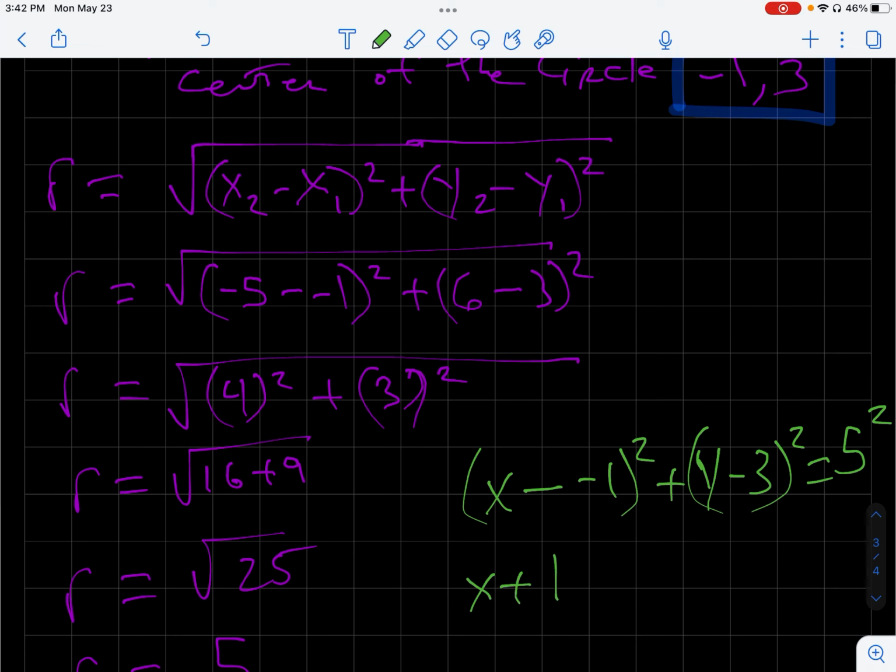So x plus 1 squared plus y minus 3 squared equals 25 is the equation for our circle. And next we'll look at graphing these circles in the next video.